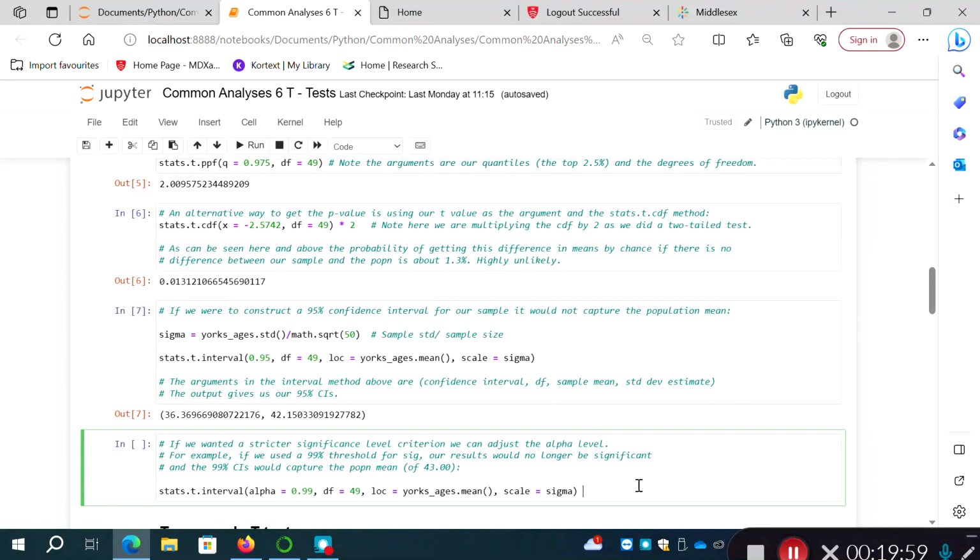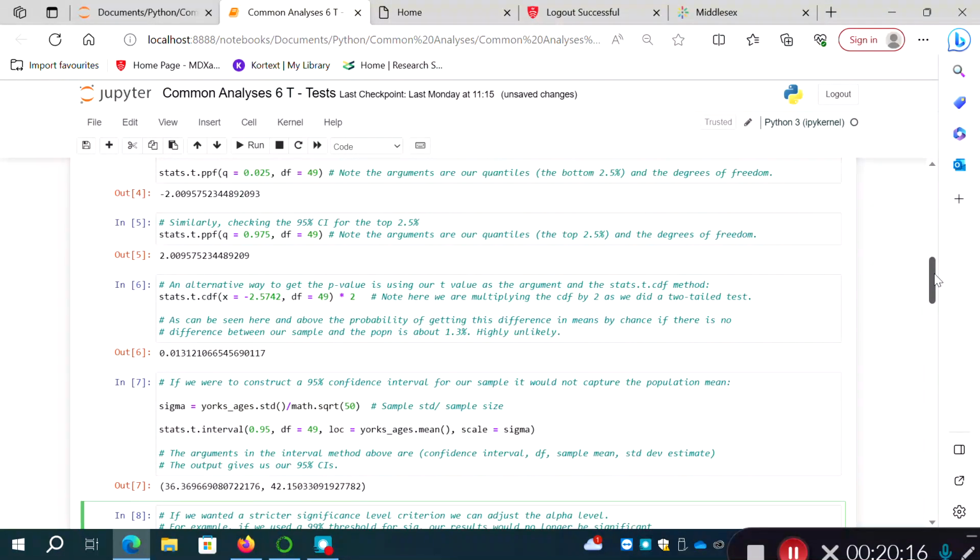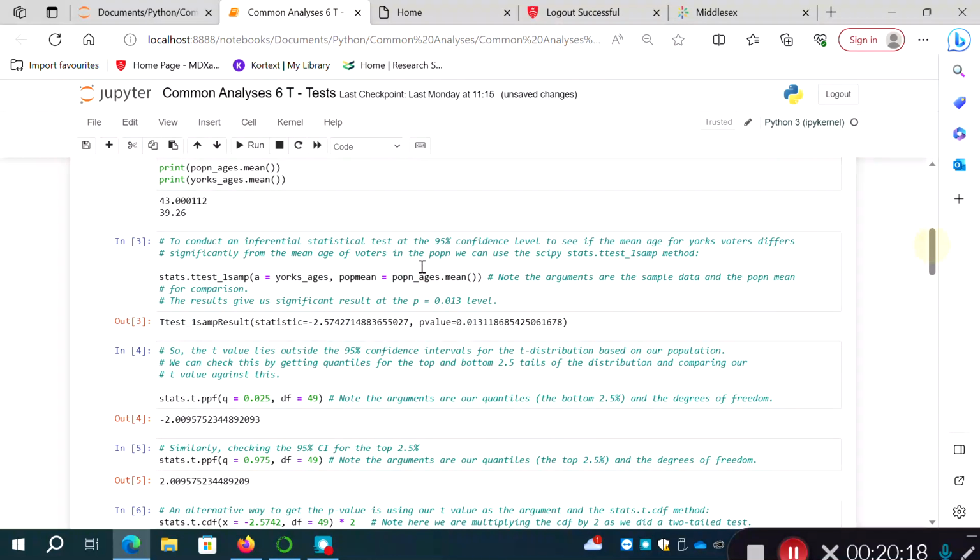So if I run that this time, what you should see is we've got confidence intervals from 35.41 to 43.11, which obviously now this upper confidence interval would include this population mean.